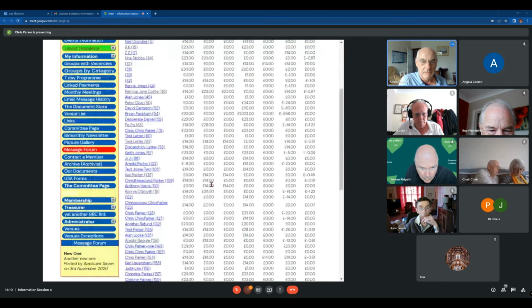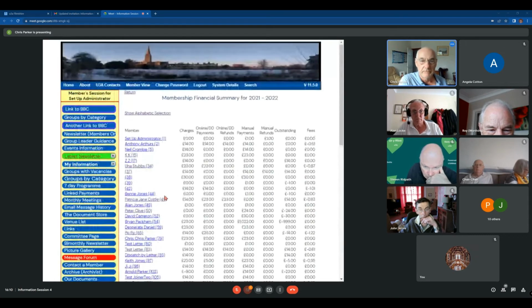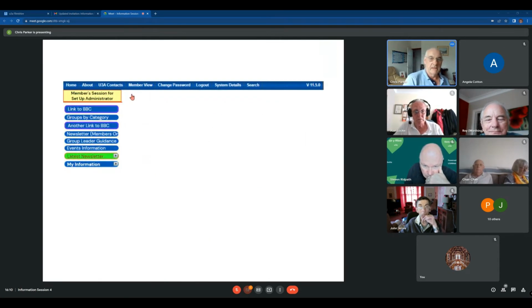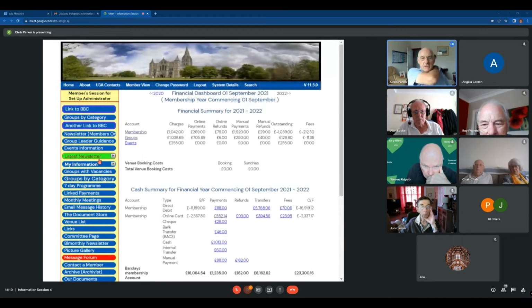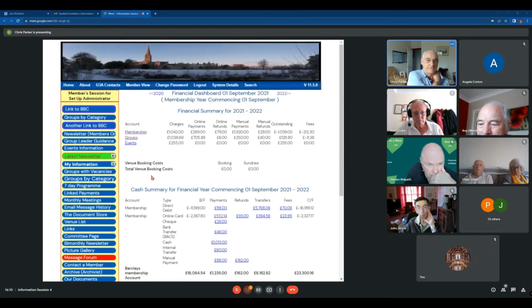So probably the last one to join, I guess, 259. The reason why that is the case is because they haven't actually been formally accepted as members. Therefore, they're not part of the membership count at that point.